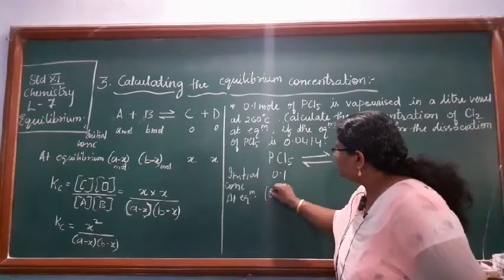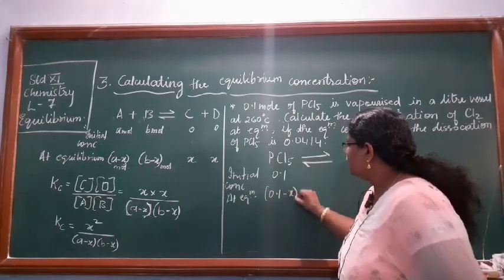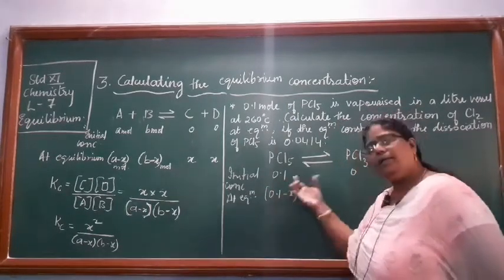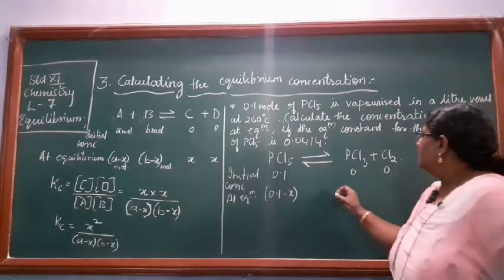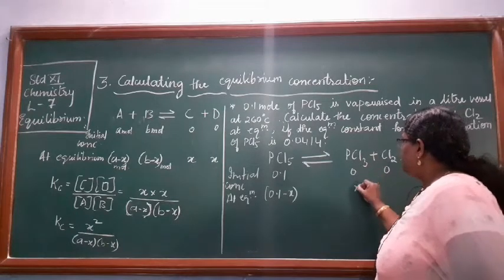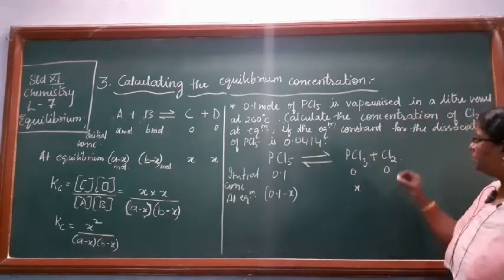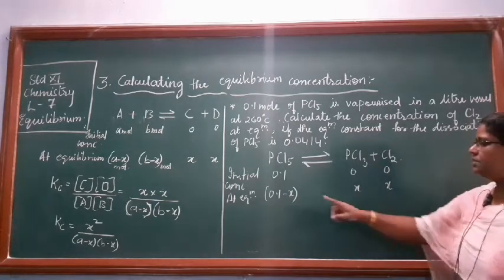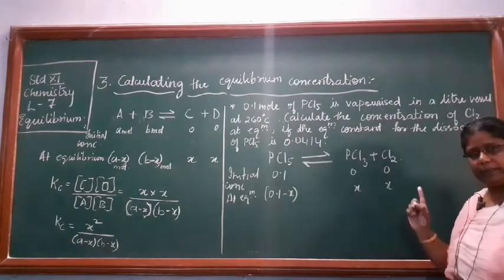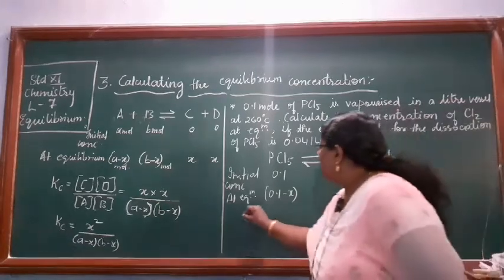Let us take it as 0.1 minus x, मतलब 0.1 में से x amount has been used या decomposed, ठीक है। So how much amount of PCl3 will be formed? x amount. Cl2 कितना बनेगा? वो भी x amount बनेगा, ठीक है। जितना यूज हुआ उतना ही बनता है, ठीक है.